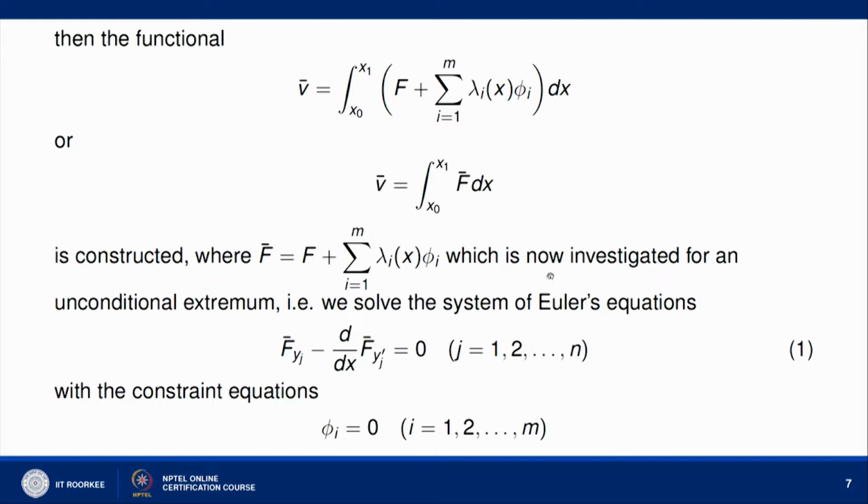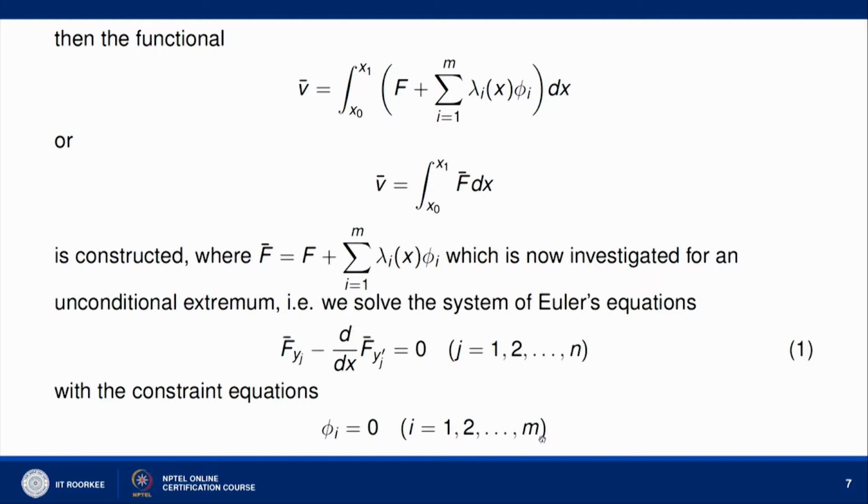Now we investigate this f bar for an unconditional extremum. It means that we try to solve the system of Euler's equations for this functional f bar: f bar y j minus d by dx of f bar y j dash equal to 0 for each j equal to 1 to n, with the constraint equations phi i equal to 0, i from 1 to m.